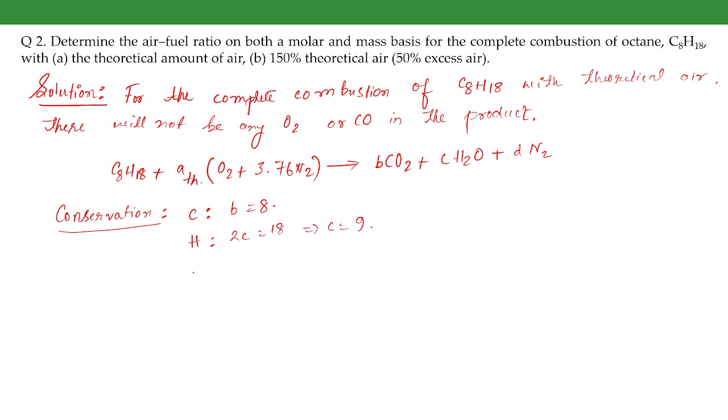From the conservation of oxygen, 2B plus C is equal to twice A theoretical. This implies A theoretical is equal to (2 into 8 plus 9) by 2, that is 12.5.